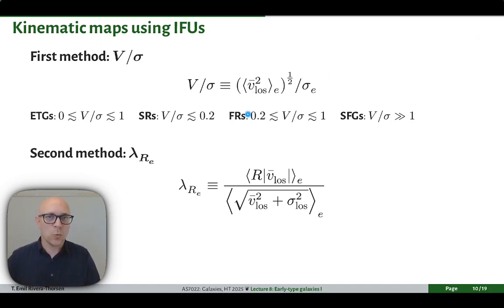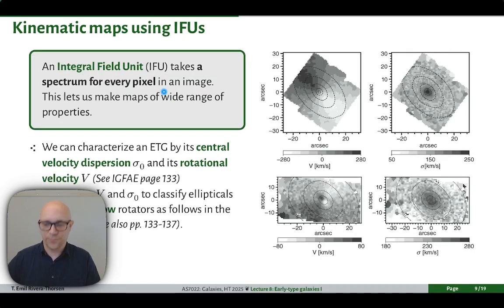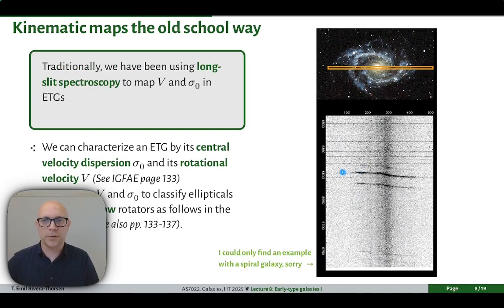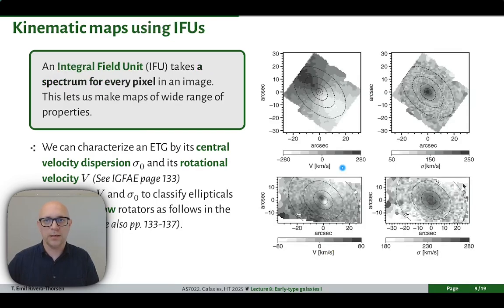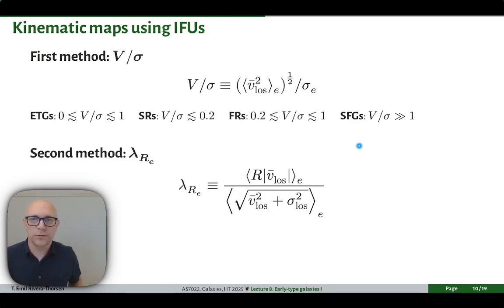One we can use is this one that's called the V over sigma. And in the old school versions, that is basically just using the maximum velocity as V, but in newer IFU-based studies, we have a slightly more refined, complicated definition of what this ratio is.